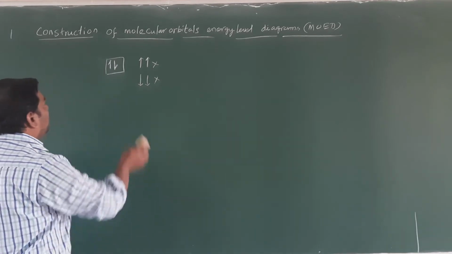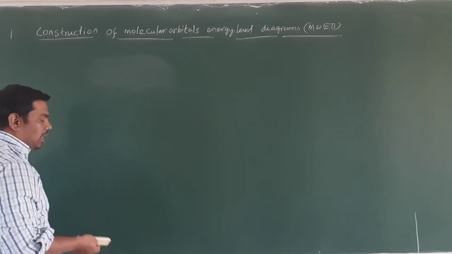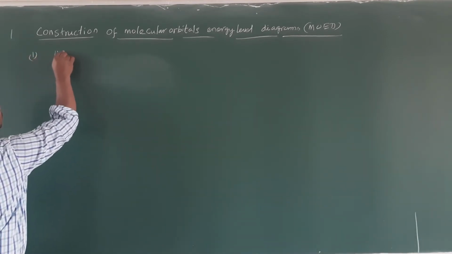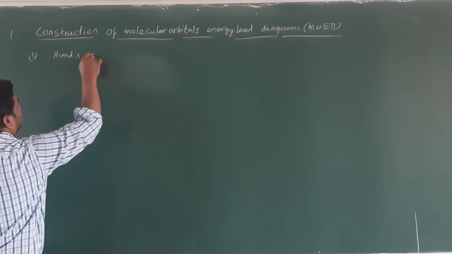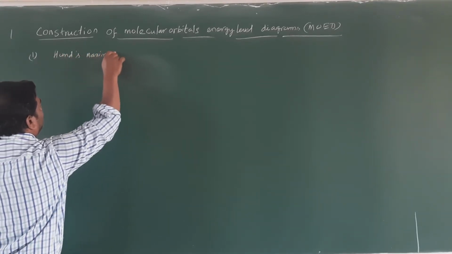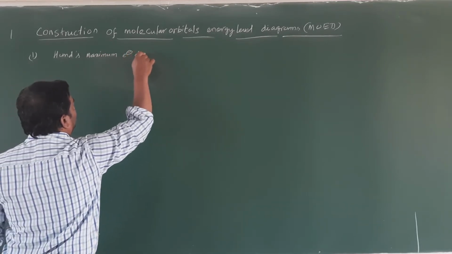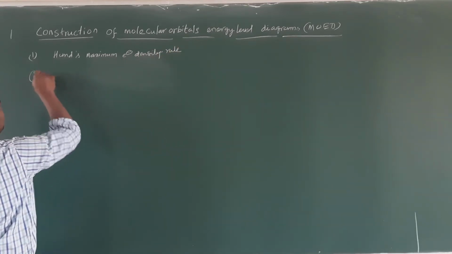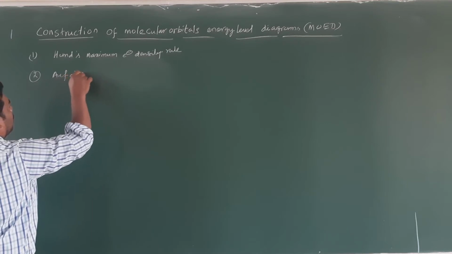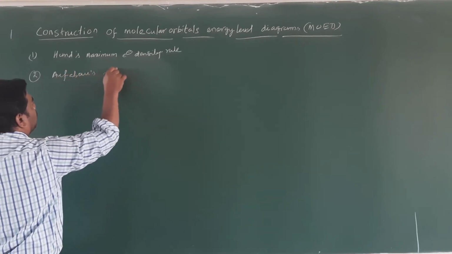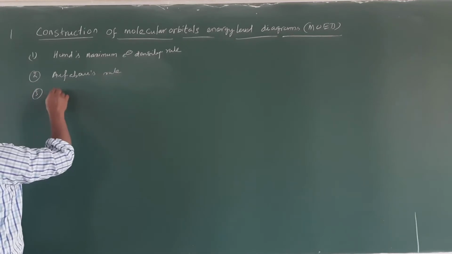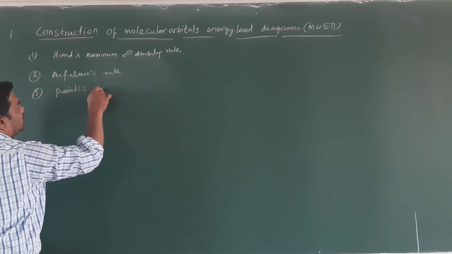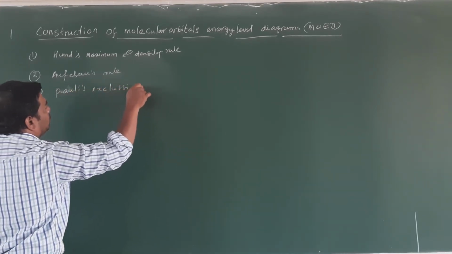And also, in the filling of electrons in various orbitals, we will always keep in mind the following rules: first, Hund's maximum multiplicity rule, second, the Aufbau rule, and third, Pauli's exclusion principle.